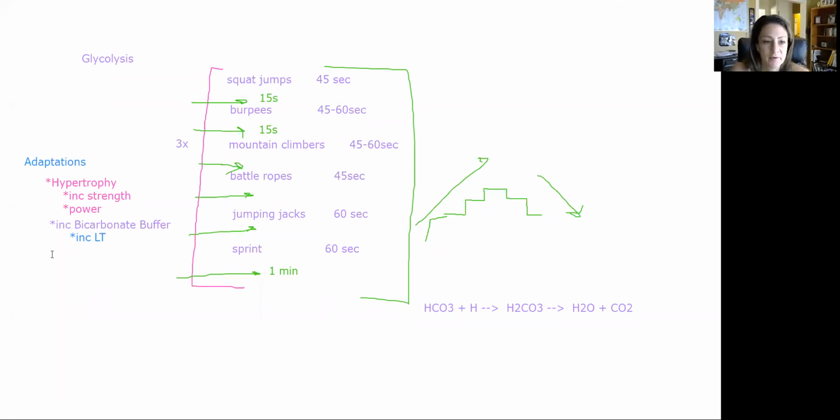Okay, third adaptation here. Increased glycolytic enzymes. Name some glycolytic enzymes. Hexokinase.